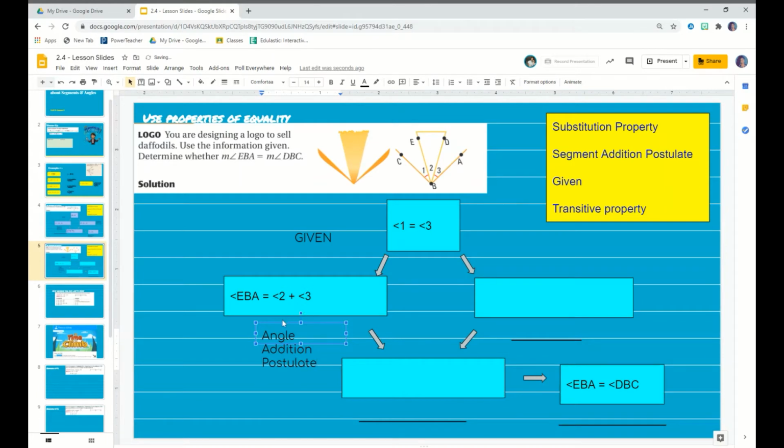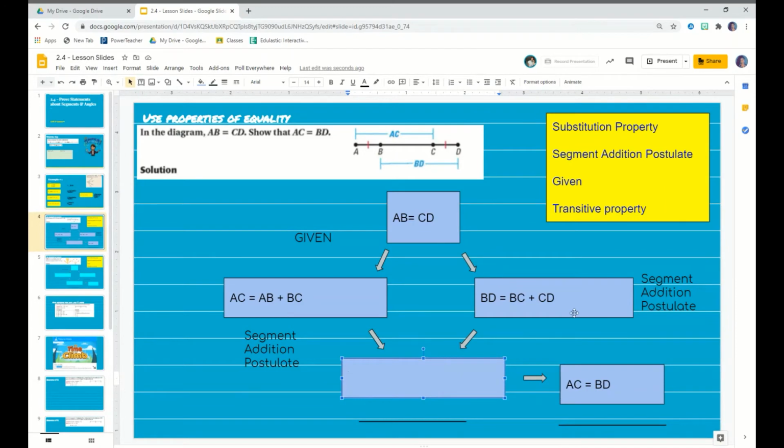The given information is AC is equal to AB plus AB. That's given. Now, this has to do with segments.